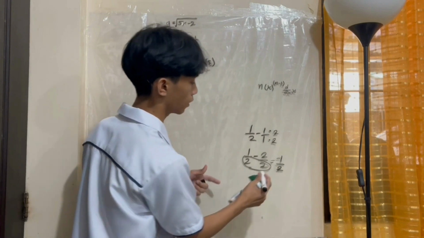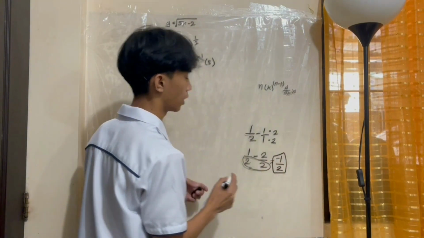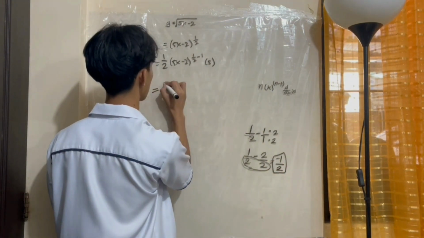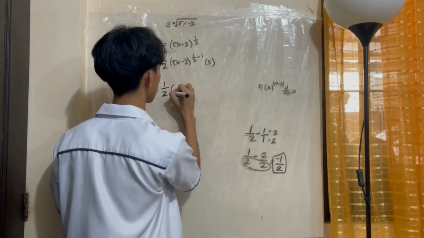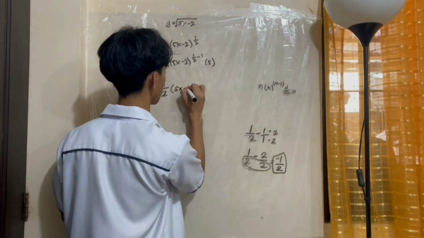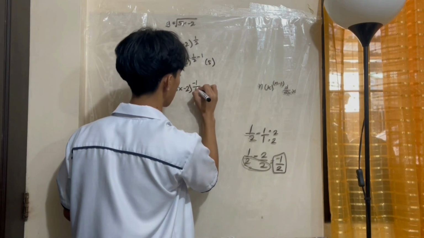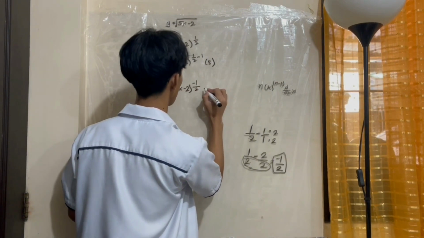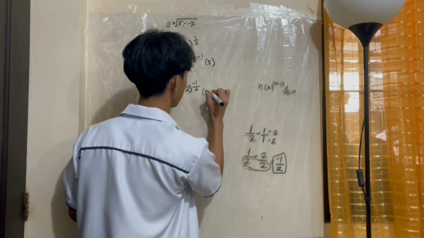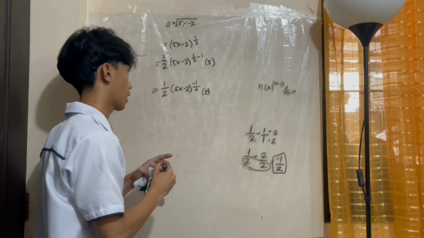So now, this is our exponent. So, 1/2 multiplied by 5x minus 2 raised by negative 1/2, multiplied by the derivative of x.